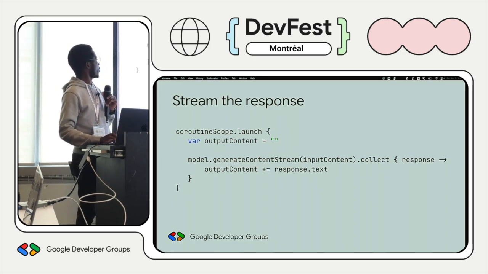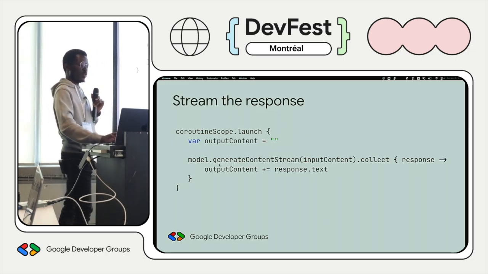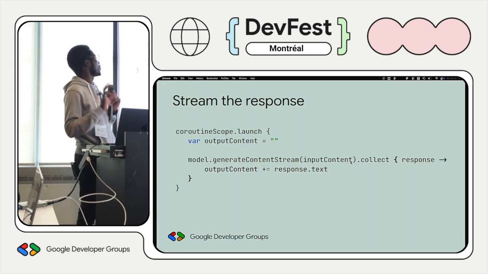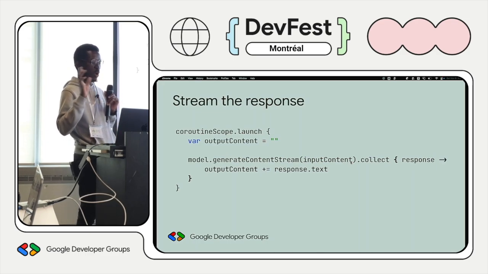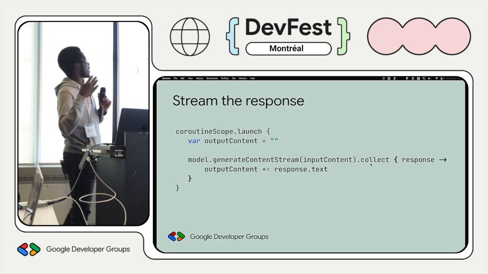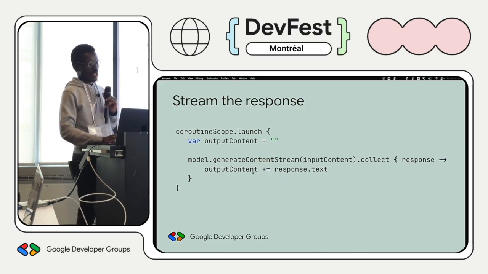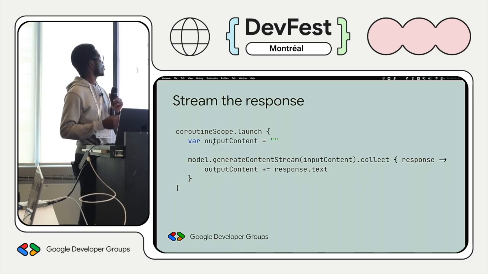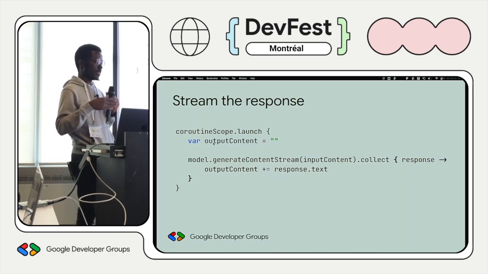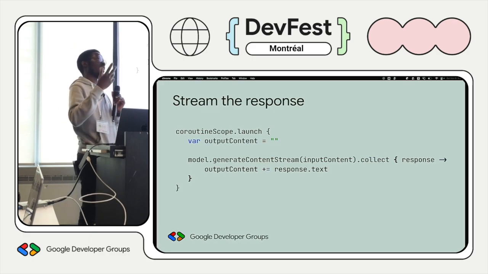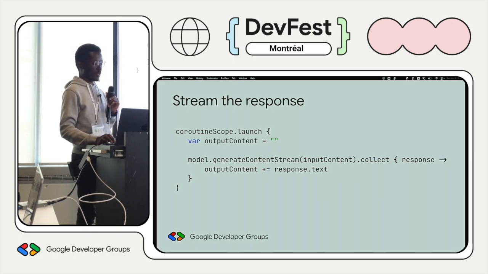The first thing you need to do is initialize an empty string, and then call generate content stream and provide the input content. The input content can be the prompt, or the prompt with an image, or any kind of content input supported by Gemini. After that, we just collect the response, and every time we get something new, you just need to append it to our output content, and you can even display it progressively instead of waiting for the entire response to come.